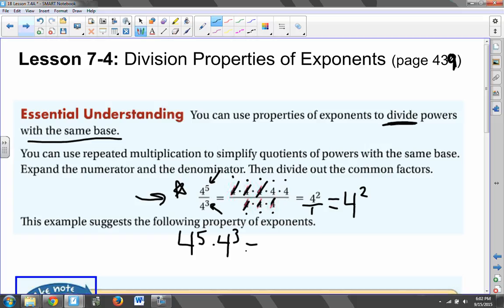We add them. So this is 4 to the 5 plus 3, which is 4 to the 8th power. Okay, so now instead of multiplying the two things together, we're dividing them with a fraction. So instead of adding our exponents, we are now subtracting them to end up here. Okay? So that is exactly the rule that I want you to write down in your notes. You'll see it there on the bottom of page 439.